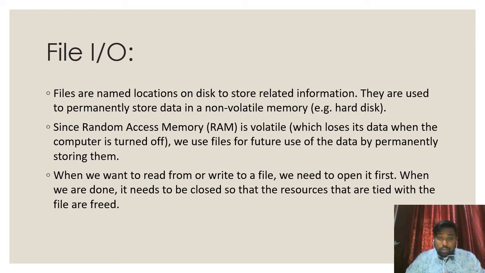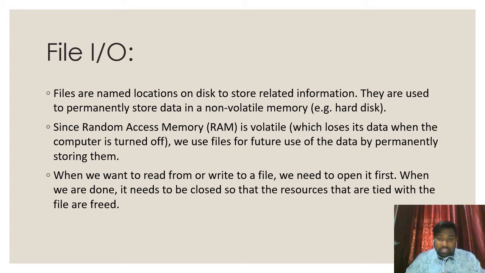Files are named locations on disk to store related information. They are used to permanently store data in non-volatile memory, for example, hard disk. Already we have learnt about that, the persistent program. In this persistent program, all the program's output will be saved separately. It can be in the primary memory or secondary memory.